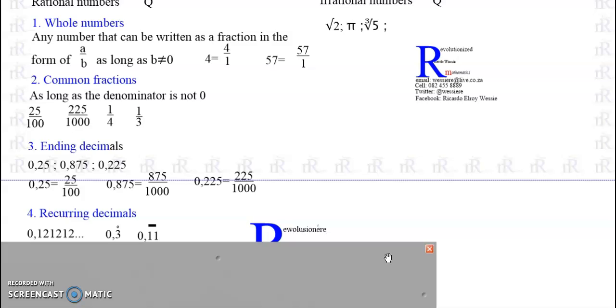And then you get 0,11, which means, with a little line on top of the two numbers, that both those numbers are repeated. So that will be 0,11111111. In our next lesson, we will look at how we can rewrite these recurring decimals as common fractions.